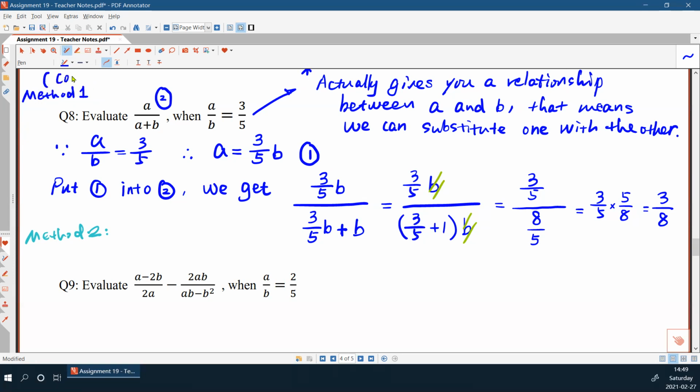This is common because it's more universal. Method 2: when you know that A over B is 3 over 5, you can let A equal 3k, B equal 5k.